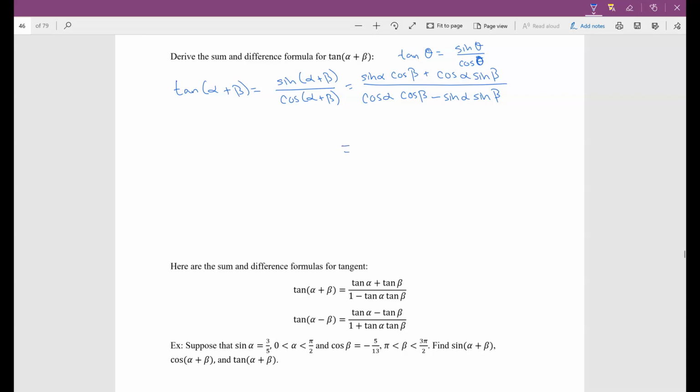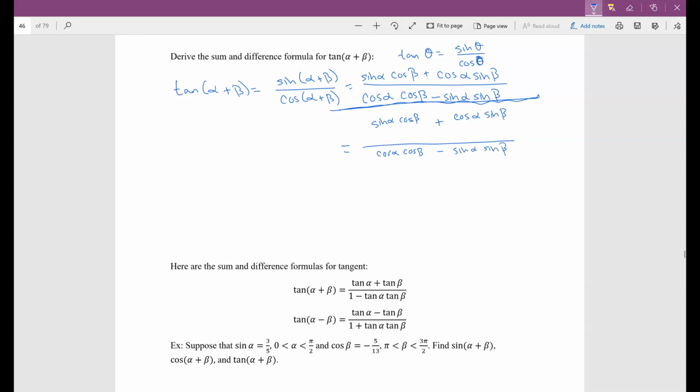So what I'm going to do is write down sine alpha cosine beta plus cosine alpha sine beta on the top. And then on the bottom, you're going to have cosine alpha cosine beta minus sine alpha sine beta.